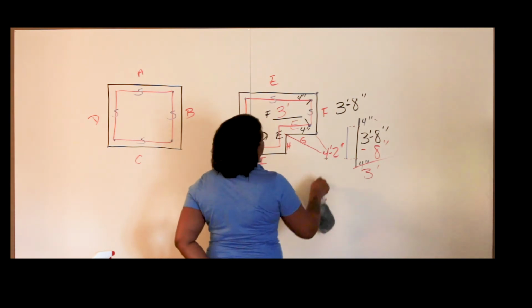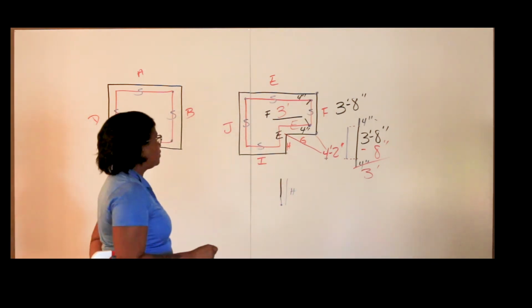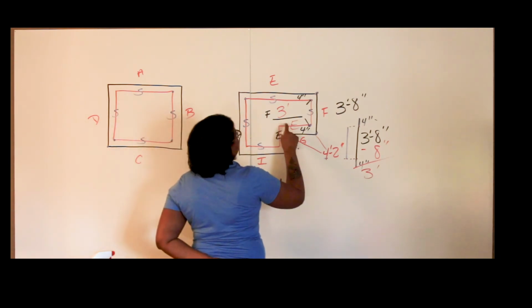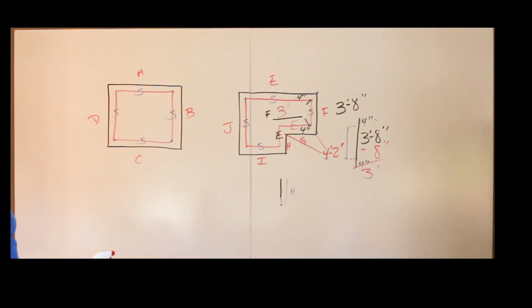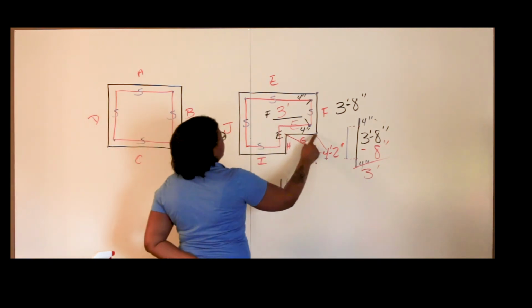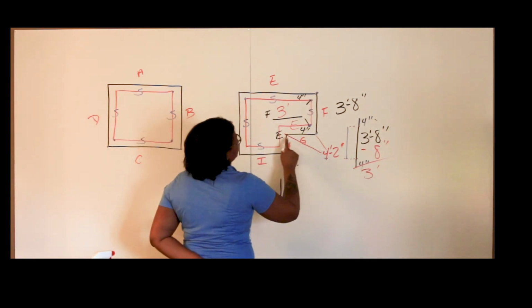If we already stated that if the exterior and interior measurements are equal, they're the same, and we have a 4-inch thickness, what do I do? I'm giving you the exterior measurement of 4 feet 2 inches.